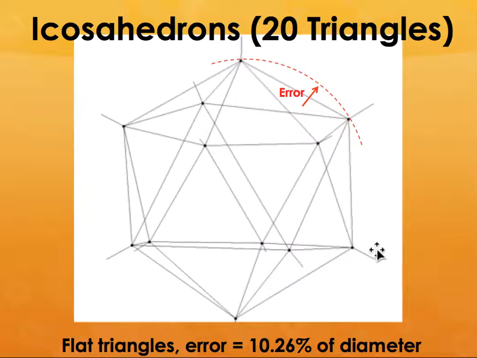So if you really want to represent a ball with a nice surface finish, nice rounded edges and things like that, and your software can only build flat triangles, that means there is a 10.26% diameter error. So your final part is going to have errors with respect to your actual model that you want to build.